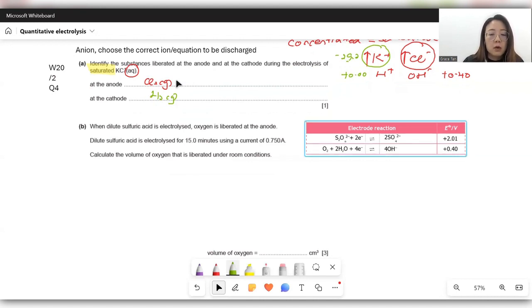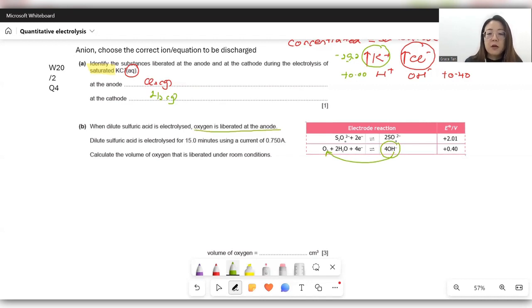So first, you need to know that sulfates will never be discharged, nitrate will never be discharged under normal circumstances. So if you know this rule, then you're only left with one answer, which is hydroxide will be discharged, and it liberates oxygen gas, which fits the question because they said oxygen is liberated at the anode.